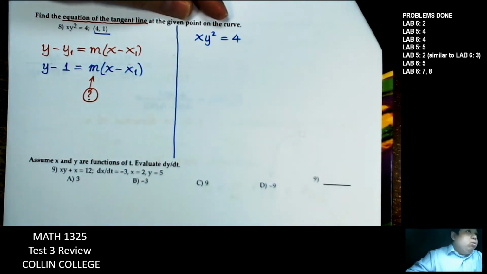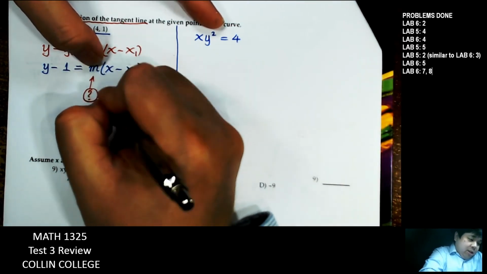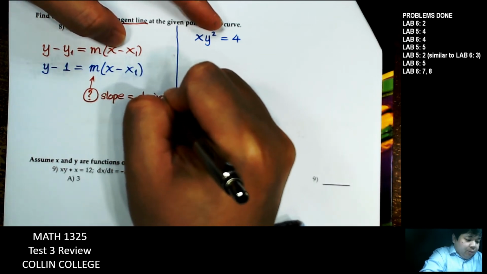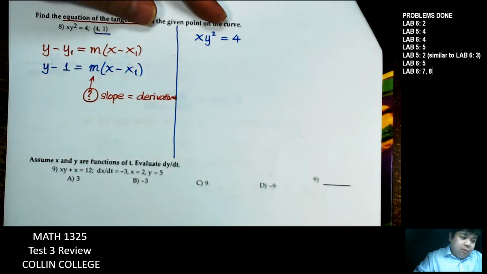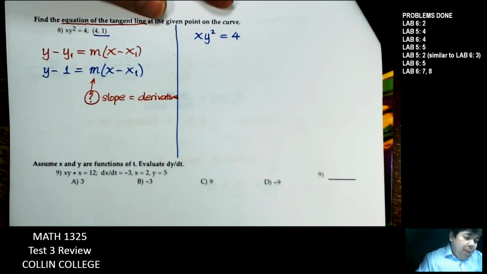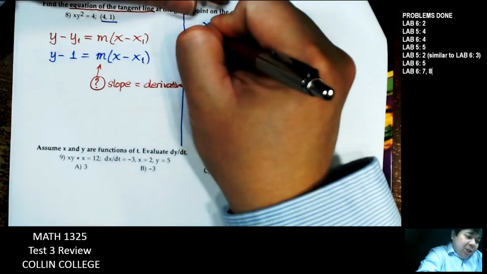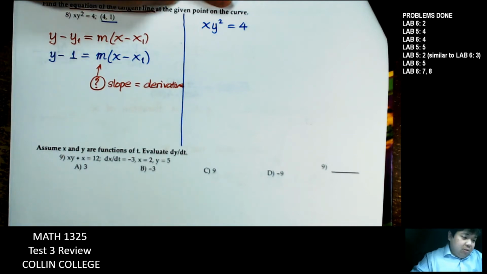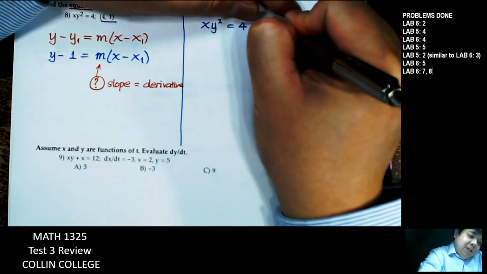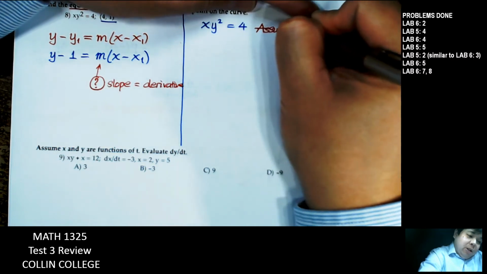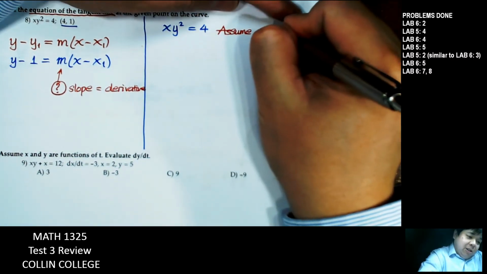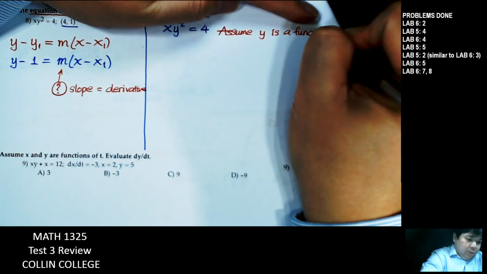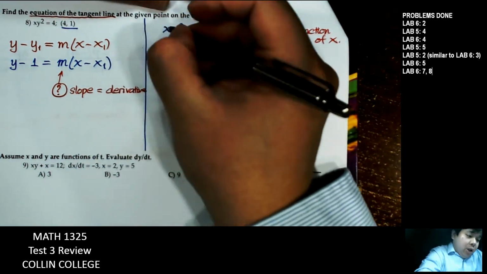Right. To do that, we do kind of what we just did on 7. If this is the function, we assume that, by the way, m is the slope, which of course is the derivative. So in this case, y is a function of x, just like the last problem. So assume y is a function of x.